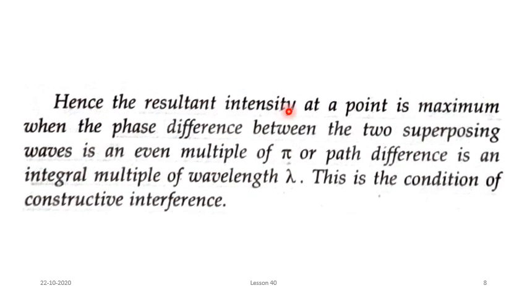Hence, the resultant intensity at a point is maximum when the phase difference between the two superposing waves is an even multiple of pi, or path difference is an integral multiple of the wavelength. This is the condition for constructive interference. Fine.